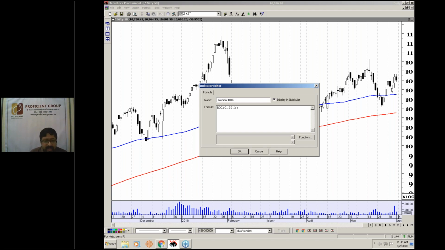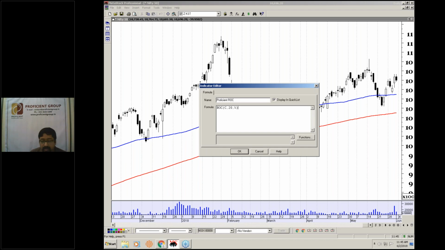This is simply the syntax of the rate of change oscillator, in which C stands for the closing prices. Whatever calculations I'm doing here are all based on closing prices, 20-day closing prices. The 20 stands for 20 periods.